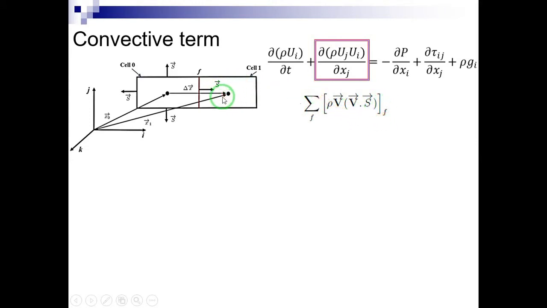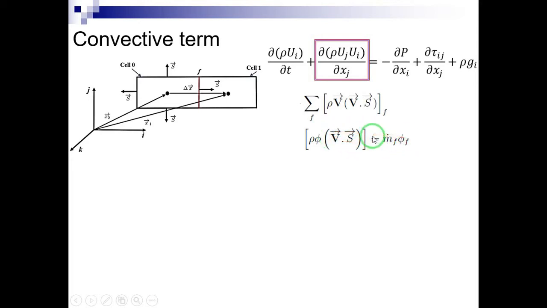However, here we are going to focus only on the cell face area which is mutual between these two cells, cell 0 and cell 1. Okay, for a general quantity phi, the convection term can be discretized as this equation. Here phi is a general scalar quantity, okay, and it can be discretized using this equation.